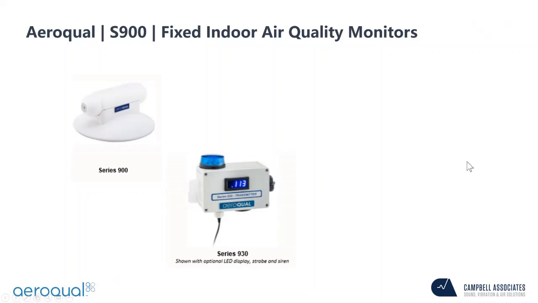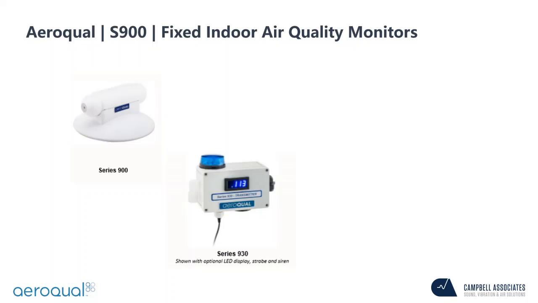We also have the Series 900. This monitor is a fixed indoor air quality monitor. It's very similar to the Series 500. It works with the same sensor heads. So we have the base unit, Series 900, and you can choose the sensor head that you want to use. This monitor is very useful if you want to monitor buildings or rooms.